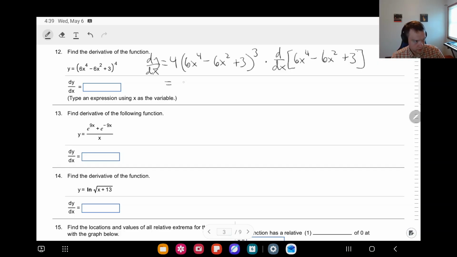Okay, so we get 4 times this whole polynomial cubed times this derivative. It'll be a 24x cubed minus 12x, and that's it. So that's the answer. I'm not going to write it again.